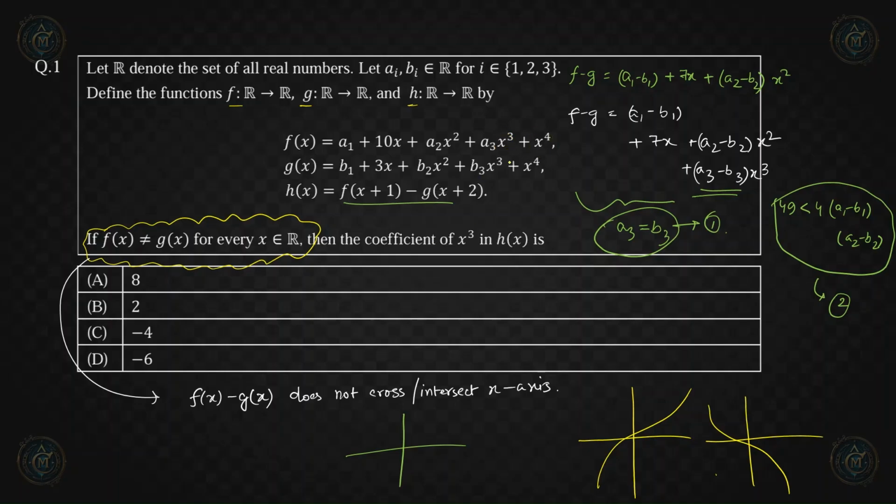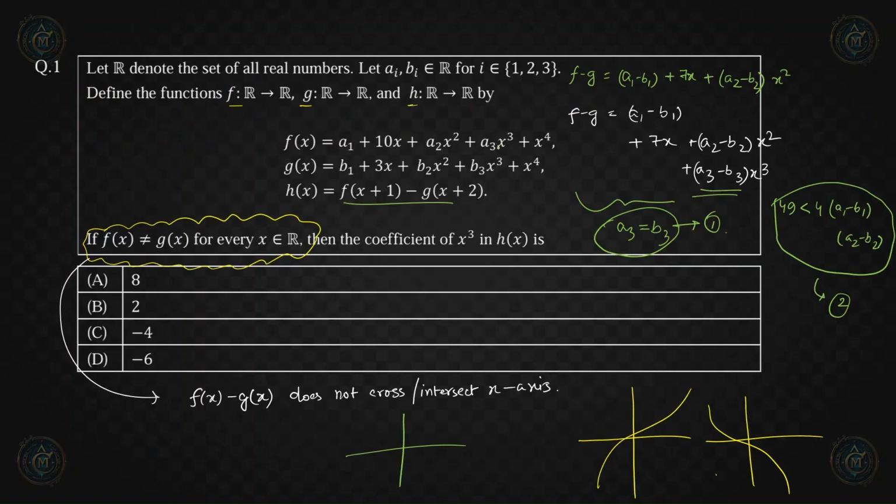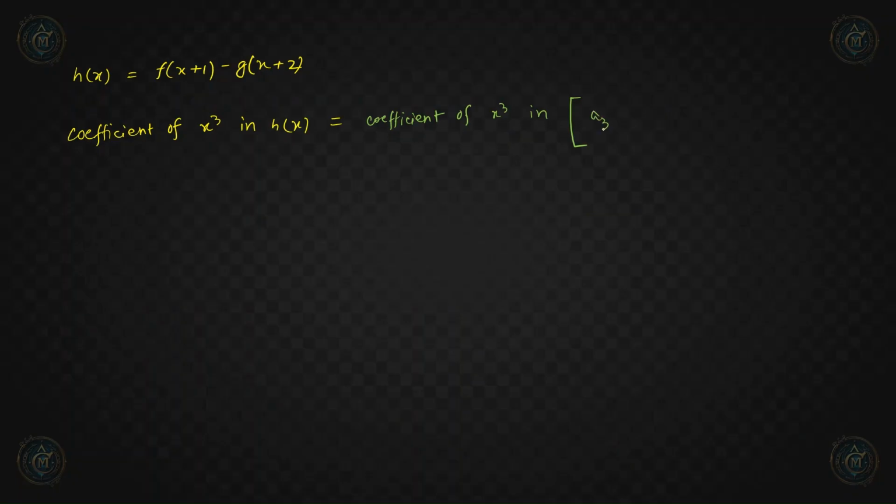The coefficient of x cube in h(x) in the first term will be simply this plus this: a3 times (x plus 1) whole cube plus (x plus 1) whole to the power 4.